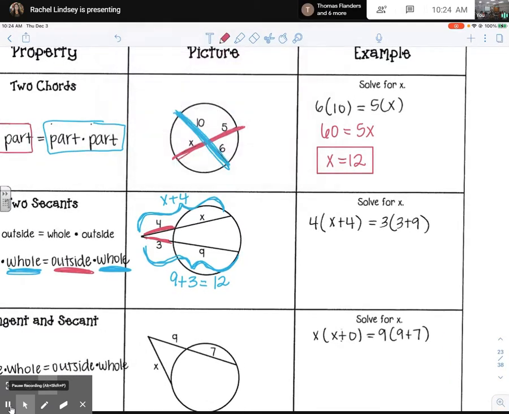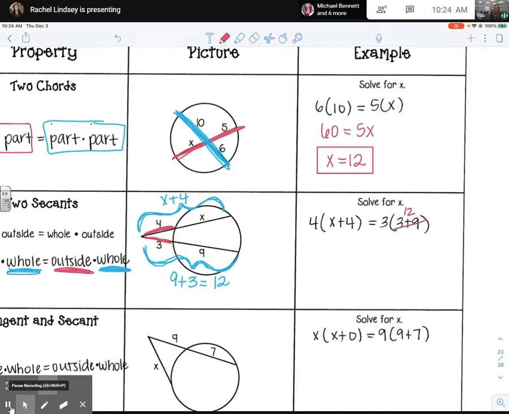So what I did, 4 is my outside times my whole, x plus 4. I already have it written for you. Outside 3 times my whole, which is 9 plus 3 or 3 plus 9. So I know that this is 12, because I already did it over here. 9 plus 3 is 12.